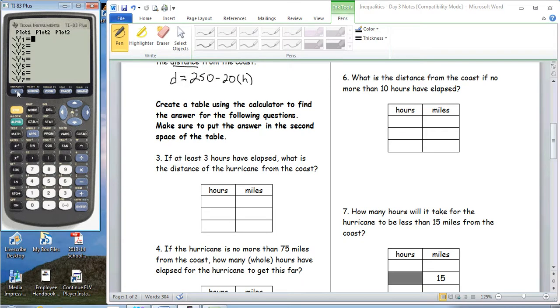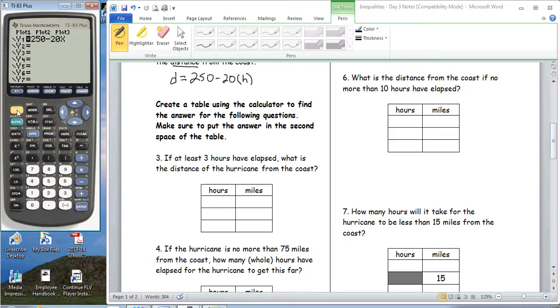We're going to go to our y equals, and we're going to put in the 250 minus 20, and then we don't have an h. Well, actually there is an h here, but we always use this variable key, which says x, t, theta, or n. We're going to use x. And we're going to look at our table.